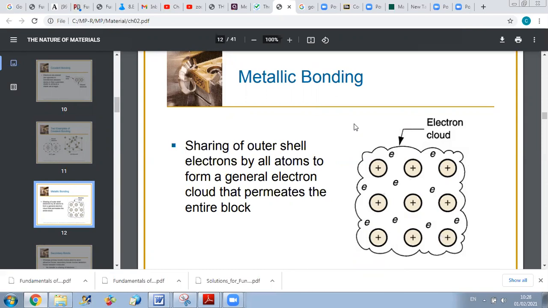To know that we have metallic bonding, all atoms constituting the molecule should have a low number of electrons on their outer shell, so they are far from reaching the stable set. If I'm talking about a second orbit, it should be lower than 4, meaning 3 or 2 or 1. So all atoms should have 1 or 2 or 3 electrons at their outer orbit in order to say that they will form a metallic bonding structure.